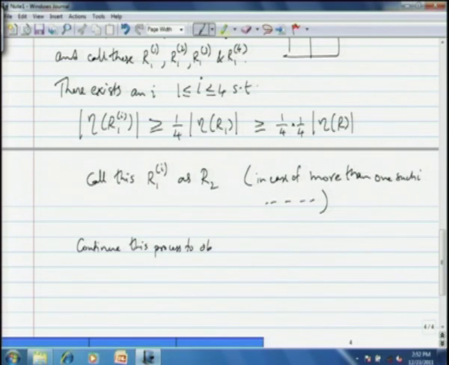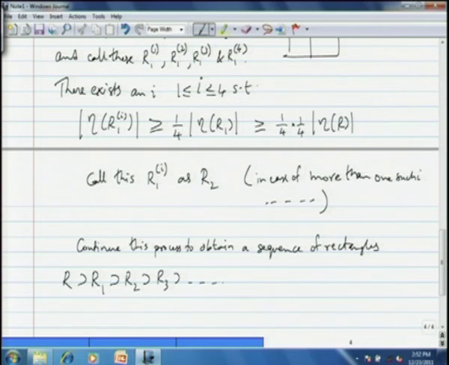Continue this process to obtain a sequence of rectangles R_1, R_2, etcetera. R_1 contains R_2, and initially R_1 was contained in R, and then R_2 contains R_3, etcetera.